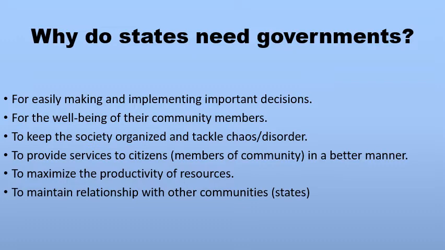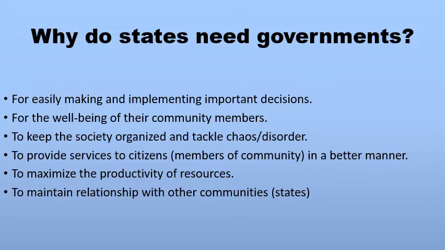The responsibility of the state is also to provide services to its citizens. So definitely the government is one of the ways by which the state provides these services in a better, more organized manner. The government is a mechanism which calculates everything, how it can be done in a better way.